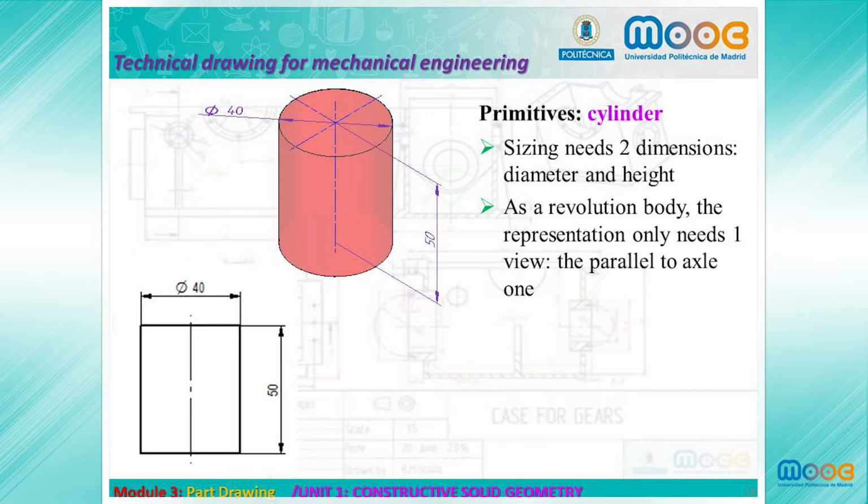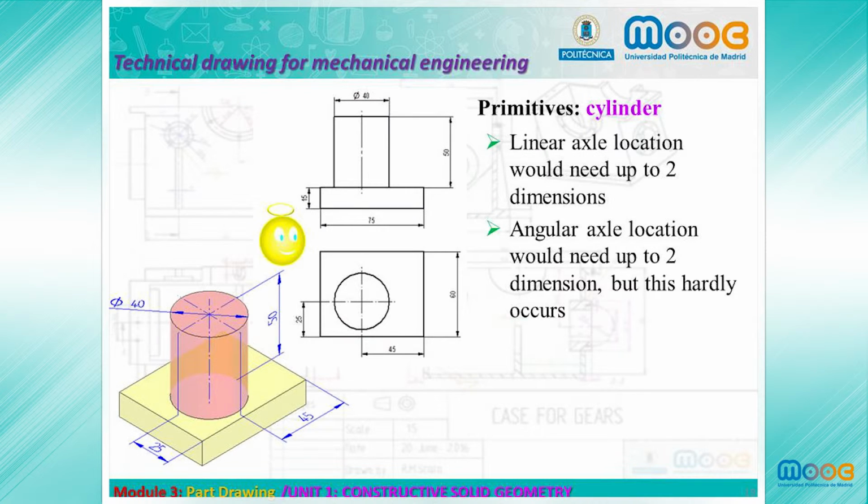The second primitive, the cylinder, is the most frequent primitive in technical parts. Its size needs 2 dimensions, diameter and height. And as a revolution body, its representation only needs one view, the one parallel to the axis. Linear axis location will need up to 2 dimensions.